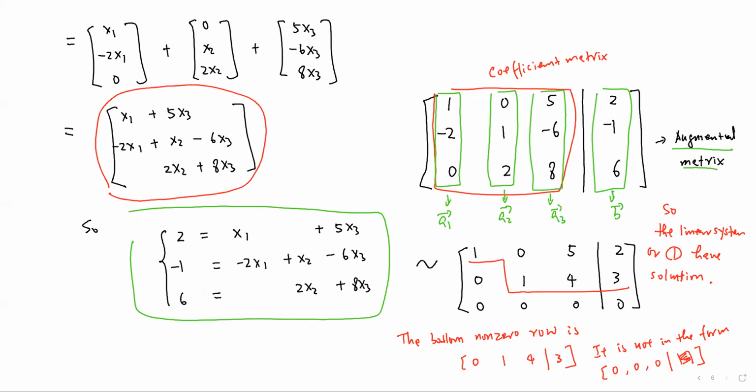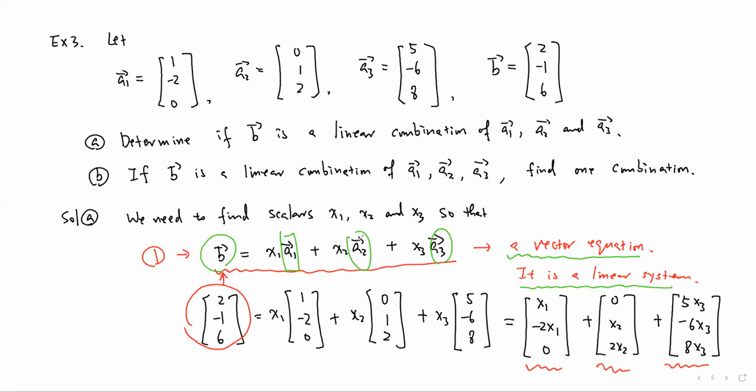Then I can answer question 8. This vector equation has a solution. Therefore, B is a linear combination of A1, A2, and A3. So I have answered this question. Determine whether B is a linear combination of A1, A2, A3. The answer is yes.